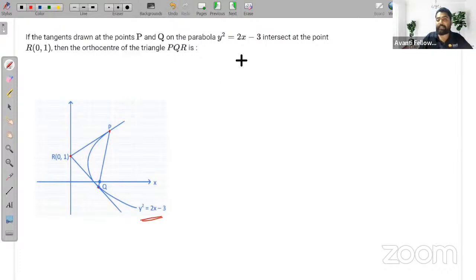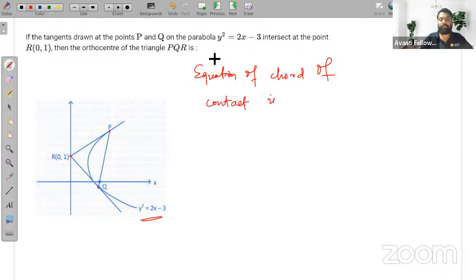So T is actually the transformation. In place of x square we put xx1. In place of x we put (x plus x1) by 2. In place of y we put (y plus y1) by 2. Is that clear or not? So apply that formula, or that shortcut, to find the equation of the chord of contact first. So the equation of the chord of contact is actually T is equal to 0.